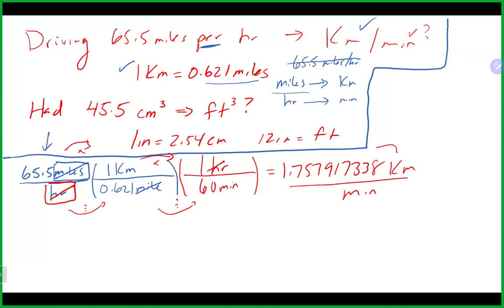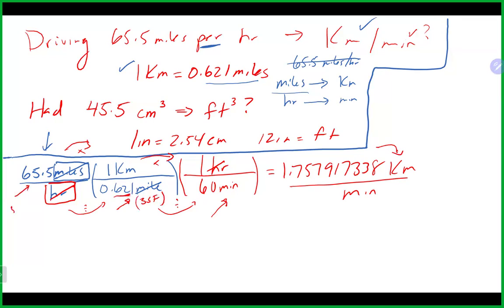Again, the number stays with the top unit, and the bottom unit is 1. Here we do have to look at significant figures. We don't have to worry about that as that's an exact conversion. Should I worry about this one? The answer is yes. And here we should look at this is a metric to English conversion. This has 3 significant figures.